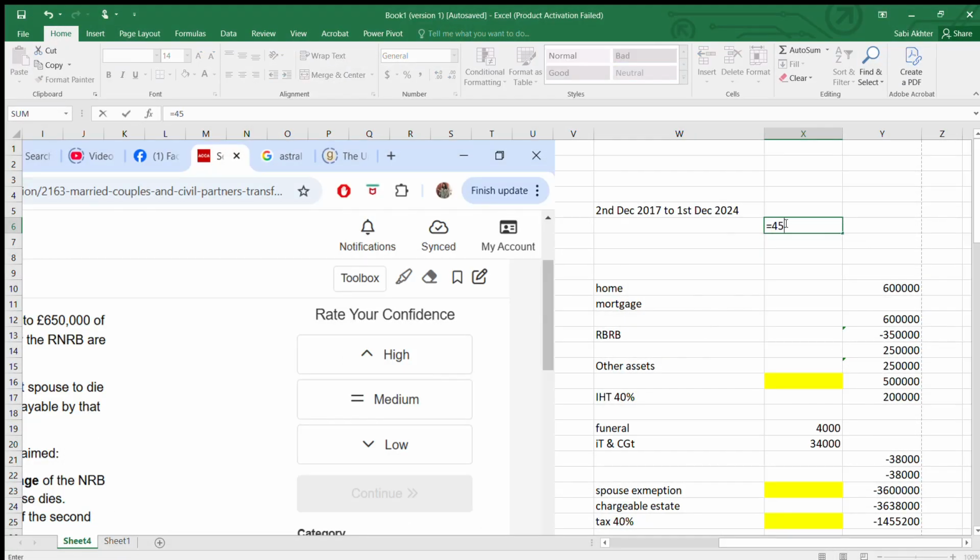Here it's 450. We'll deduct the two annual exempt amounts, current year and the previous year, and also the nil rate band. So this would be taxed at 40%. So due to death, this also will be taxed, apart from the death estate, that is 47,600, stage 2.